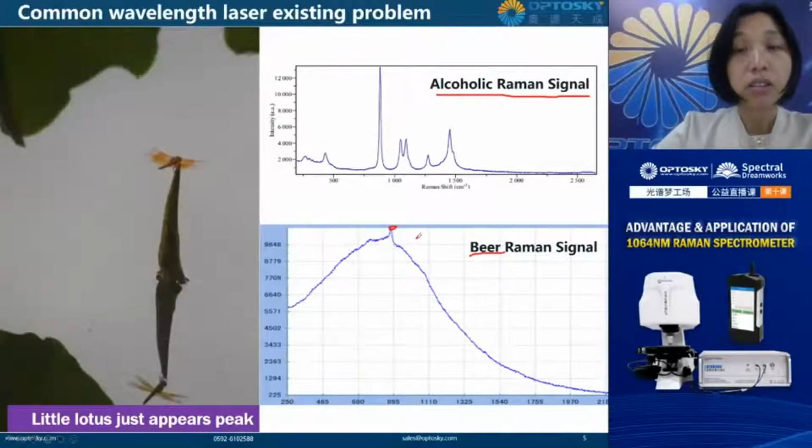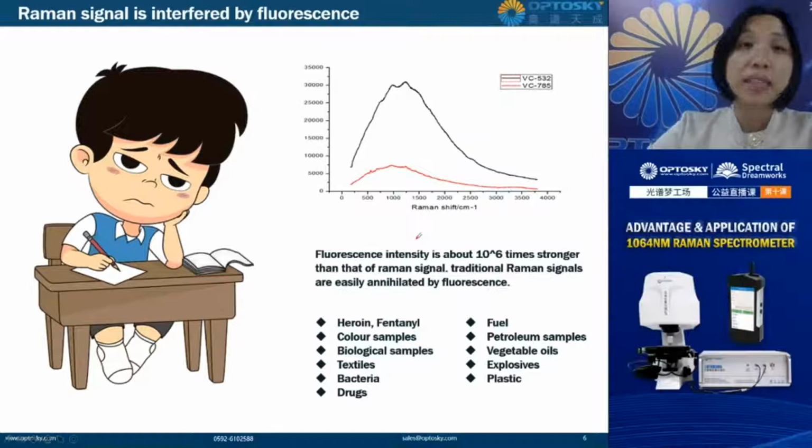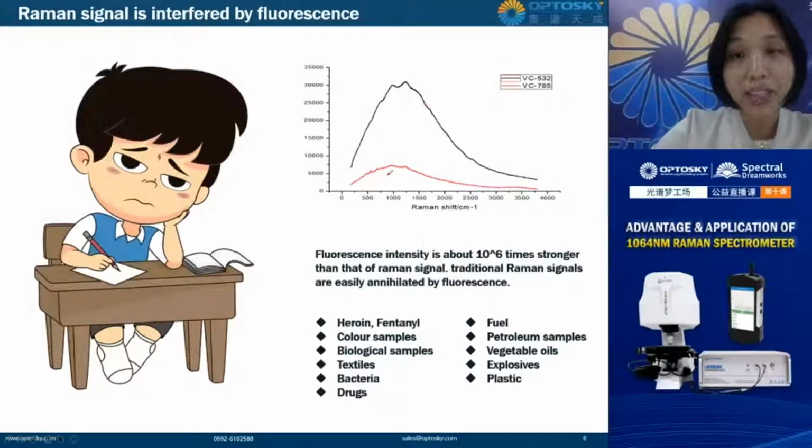This is the common existing problem: high fluorescence can hide the Raman signal. The Raman signal is interfered with by fluorescence, like this one, and you can see that fluorescence intensity is about millions of times stronger than that of the Raman signal. So traditional Raman signals are easily interfered with by fluorescence.